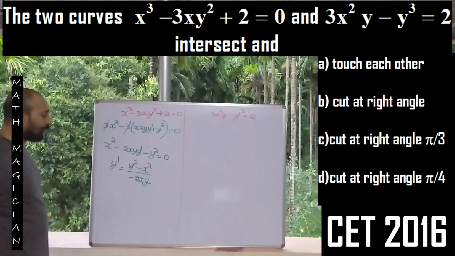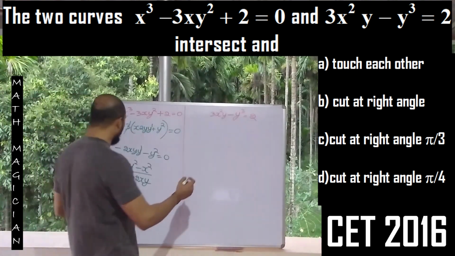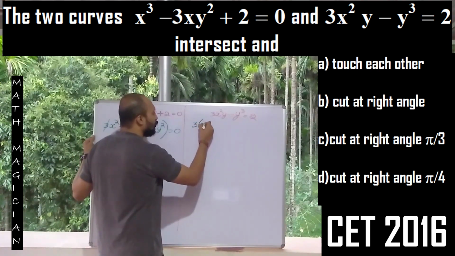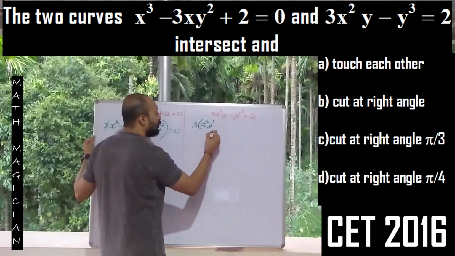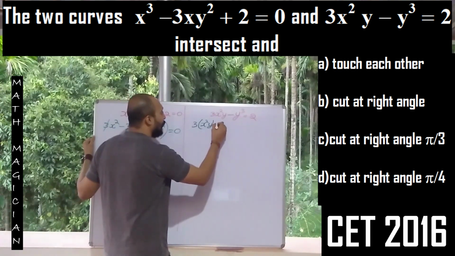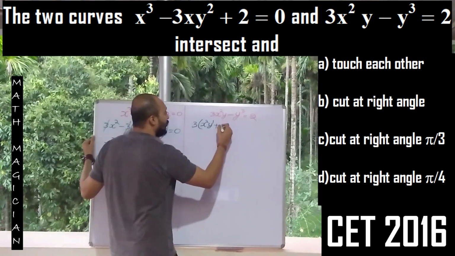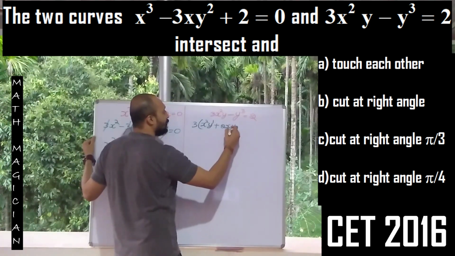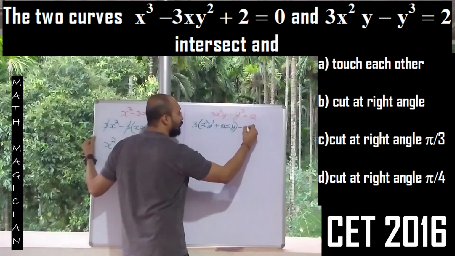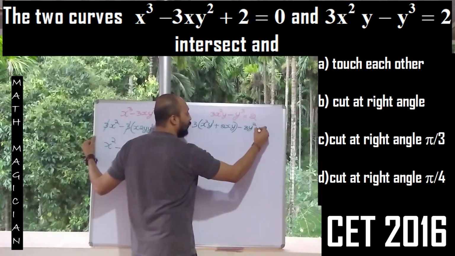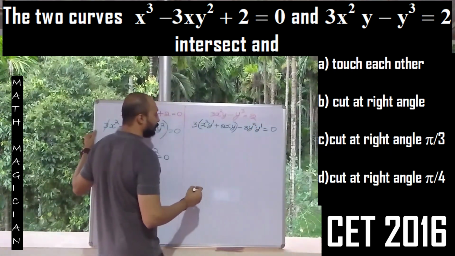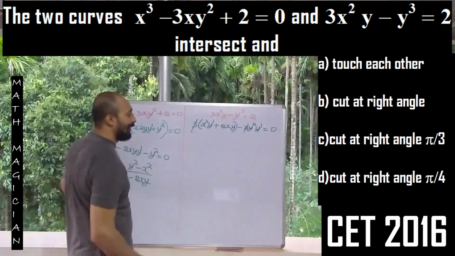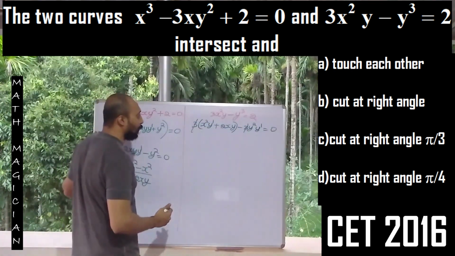So this is what I got as y dash here. So let's find the y dash there. So what is y dash here? So 3 is kept here, so x square y dash, and I will have plus 2x with y kept as it is, minus 3y square into y dash, and that will become 0. So again, this 3 and 3 is taken common out, pushed that side, and it will become 0. No problem there.